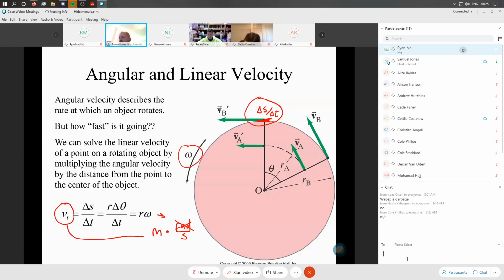Because remember, they didn't have units in the first place. Okay, and I don't know if that's how it was explained to you in your previous classes, but that's how I like explaining it, and I find it useful to remind people that yes, the units do work out funny with radians, but you can always make them what they're supposed to be by just remembering that radians don't have units. Okay.